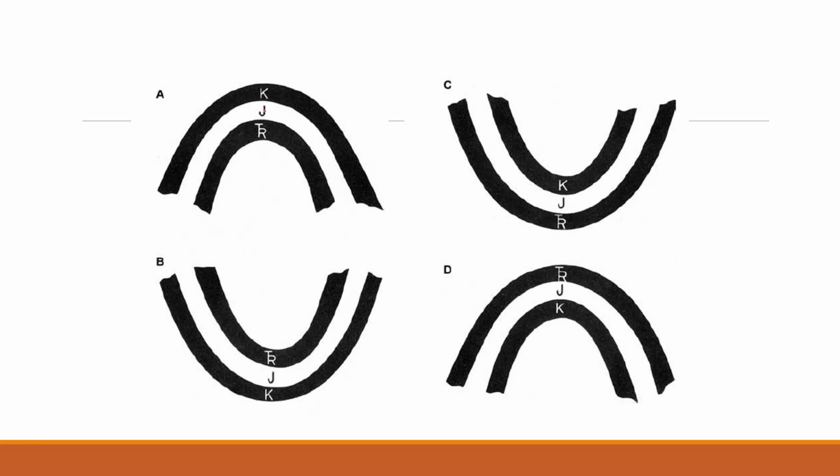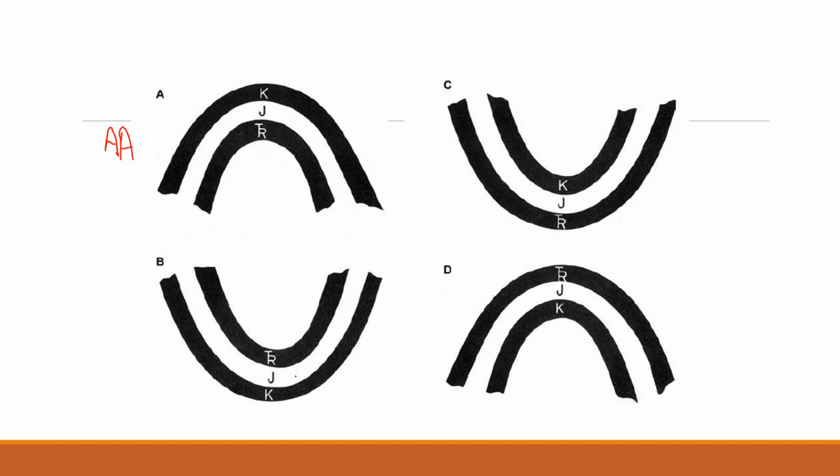Cretaceous is the K, Jurassic is the J, this TR is Triassic. So remember, Triassic is the oldest, Jurassic's the middle, Cretaceous is the youngest. A here is an antiformal anticline, so it's both. We're in the shape of an anticline, and we're bending around the old stuff.